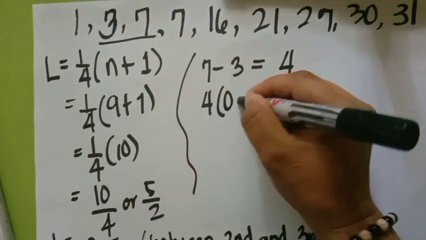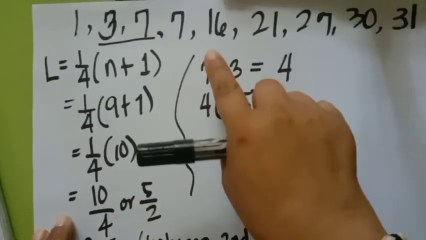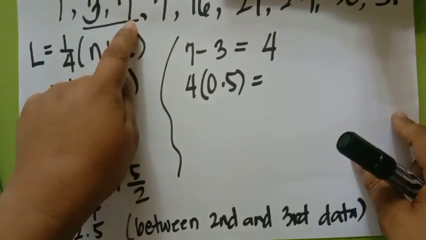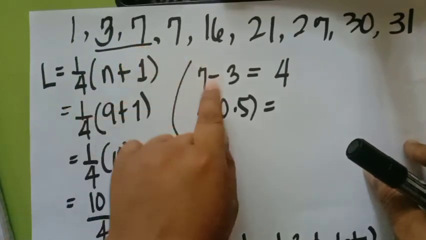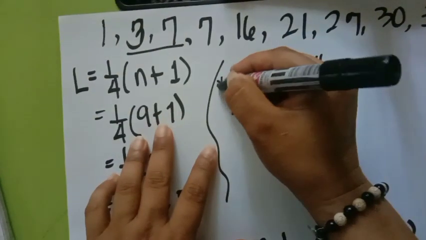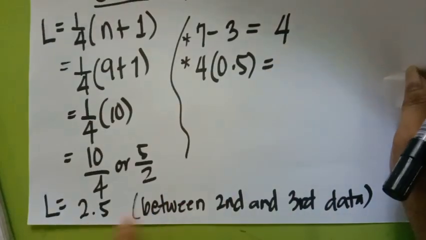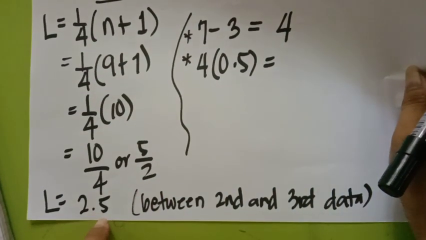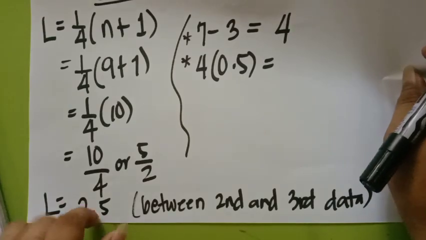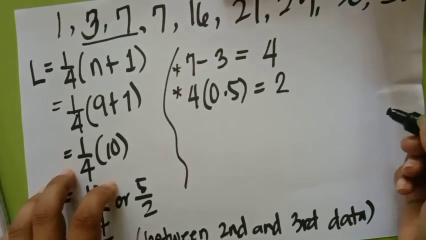Second step is to multiply the difference to the decimal that we get in L. So, 4 times 0.5 is equal to 2.